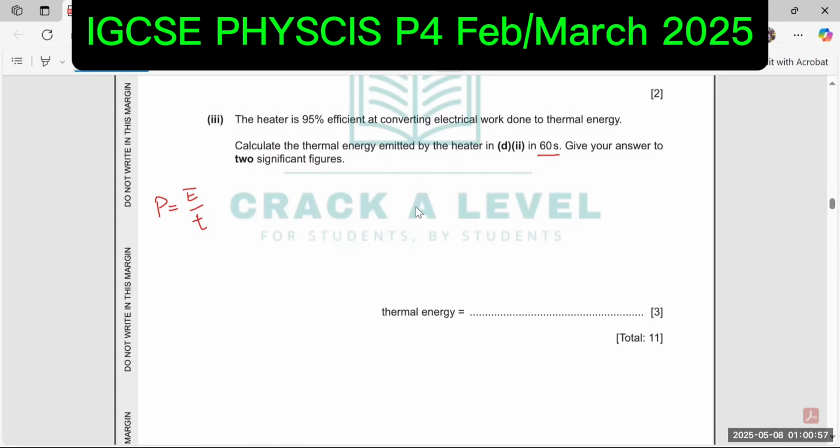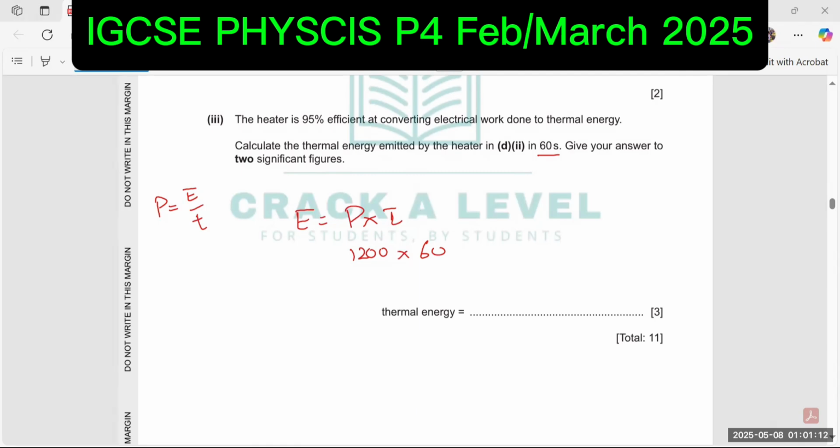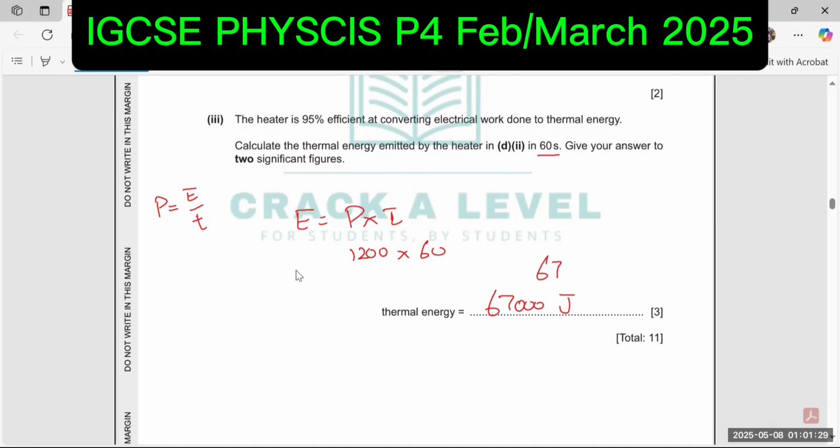By multiplying P with T, energy is equal to power times time. Power is 1200 multiplied by 60 seconds, so you will get 67,000 joules. But we have to write the answer in two significant figures, so we write 67 kilojoules. This is the exact answer.